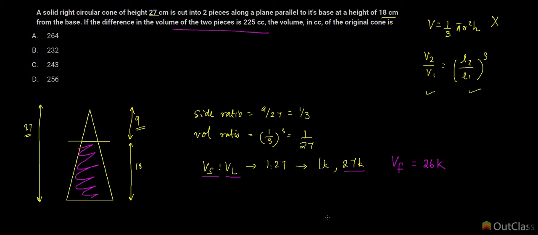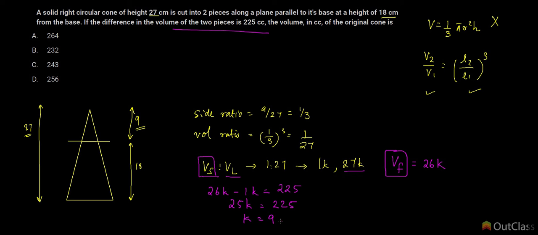Subtract the 1k from the 27k, and you'll be left with 26k. What is given is that the difference in the volume of the two pieces, which should be the small cone and the frustum, 26k minus 1k, is given as 225. That's 25k is 225, which gives you k is equal to 9.